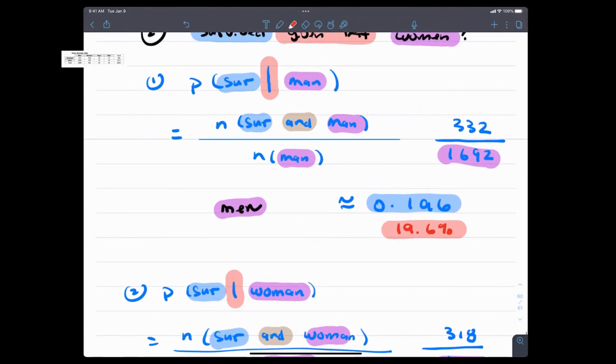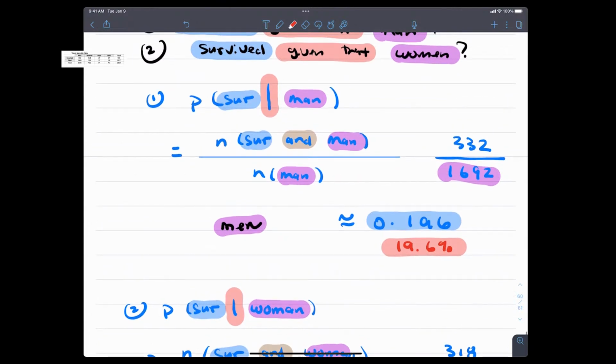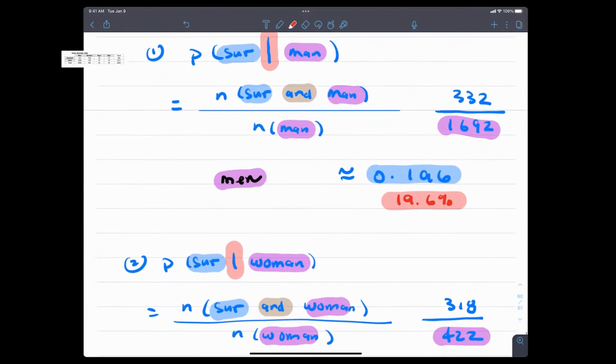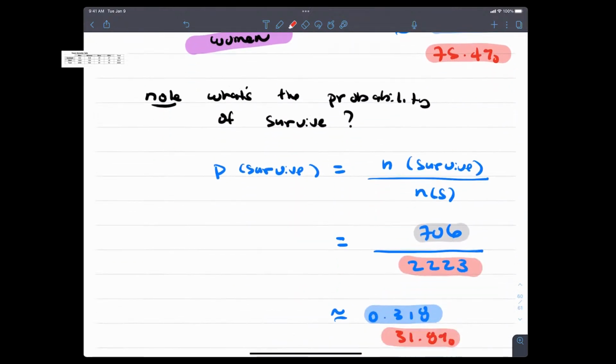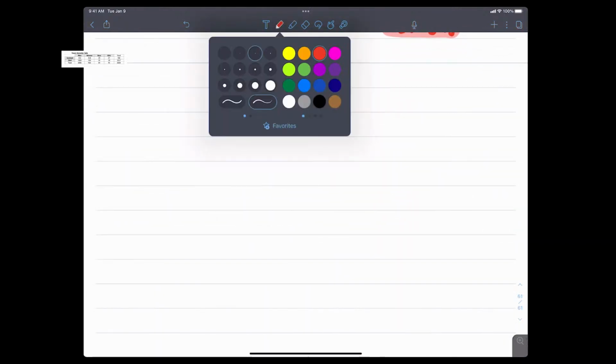Okay, so know the definition of probability and know the definition of conditional probability. That's the idea. Let's take a look. This is 3. What's the probability you survive given that you're a boy?